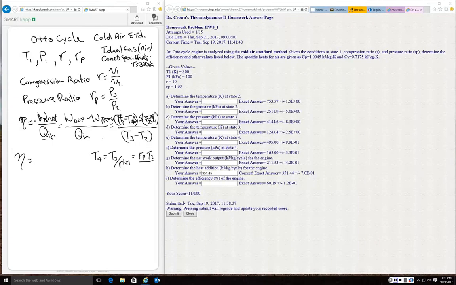And then finally, T2 can be written as T1 times R to the k minus 1. So that's T2 times Rp divided by R to the k minus 1. And we see that the R to the k minus 1 cancels out of this, and we get that T4 over T1 equals Rp.